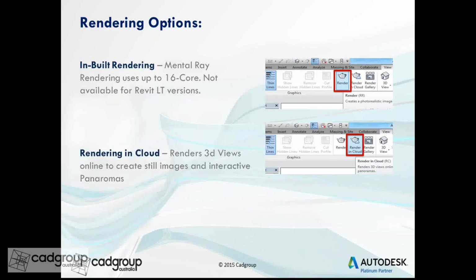This rendering engine uses up to 16 cores in 2015. It was limited; when they started, I believe they started using 4 cores. Later, they started using 8. Now they're using 16 cores, so if you have 16 cores, they're going to use them, and it is multi-threaded.